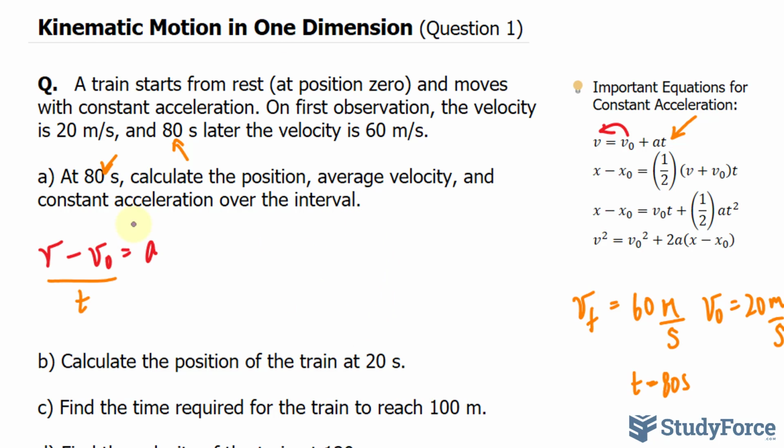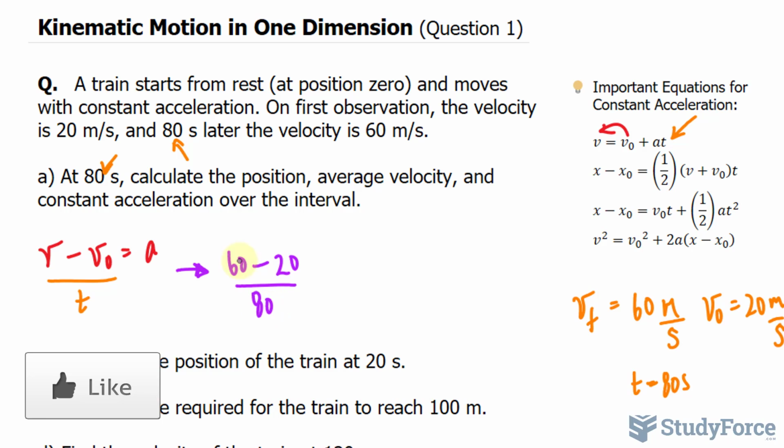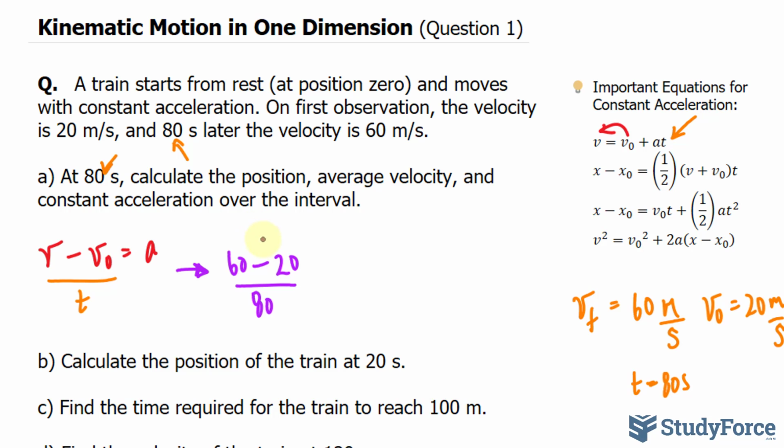Okay, now it's time to substitute my values. I have 60 minus 20 over t, which is 80. Now some teachers will expect you to write down the units throughout the calculation, so I'll show them as well. We have meters per second, and seconds. 60 minus 20 is 40 meters per second divided by 80.